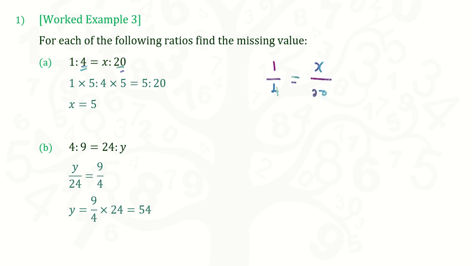So how did 4 become 20? By multiplied with 5. So therefore, denominator times 5, numerator also have to times 5. So in this case, 1 times 5, 4 times 5. So we will get 1 times 5, which is 5, and then 这个是 20. So if you make comparisons, 5 is actually x. So therefore, x equals to 5.